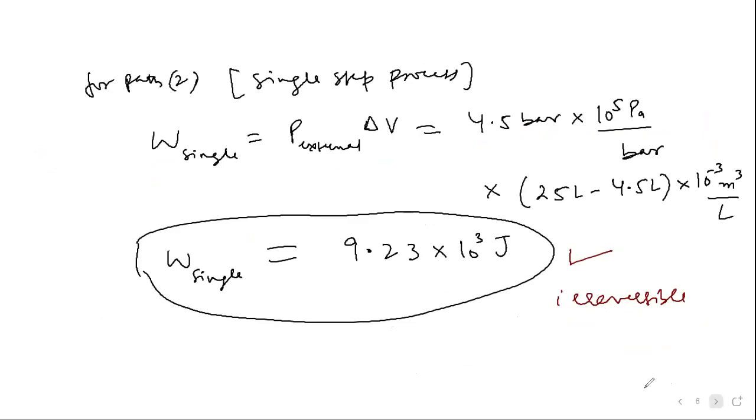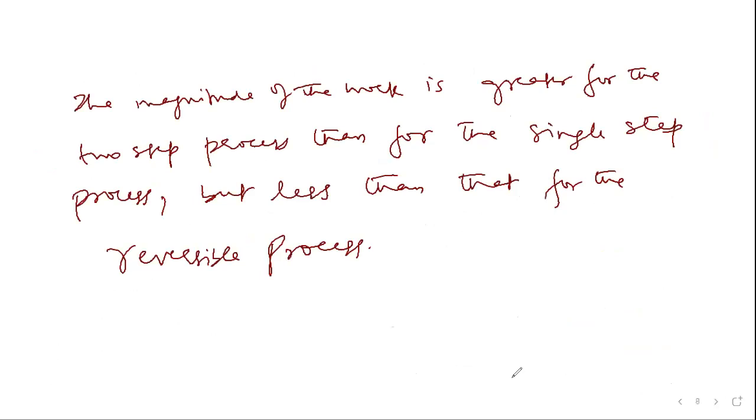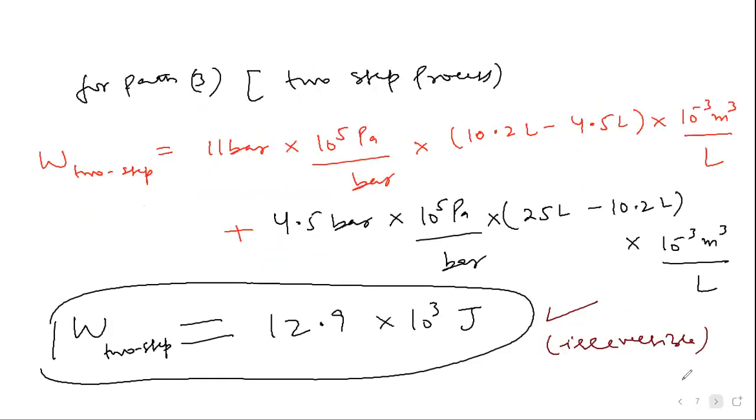Both are smaller than the reversible work, right? Keep this in mind: reversible work is larger than both the irreversible paths, but when we compare the work done by the gas in these two irreversible paths, by increasing the steps, the work becomes larger, right?